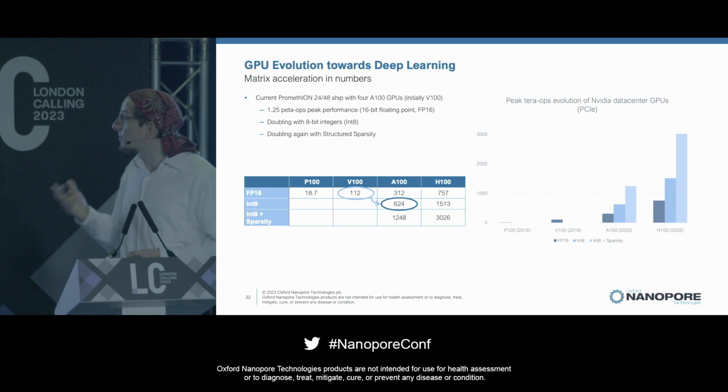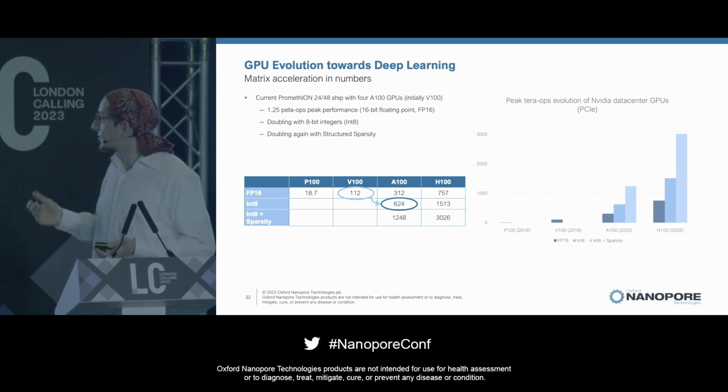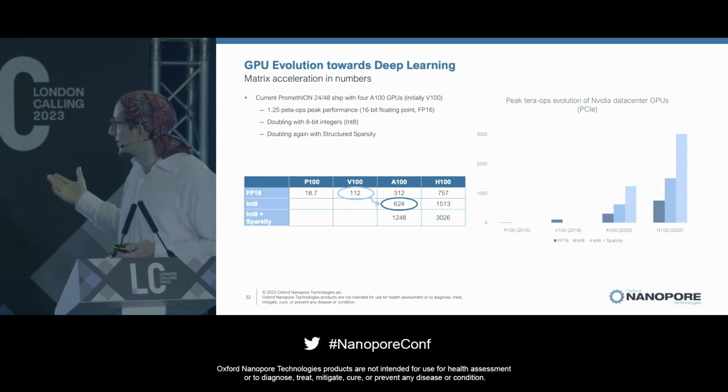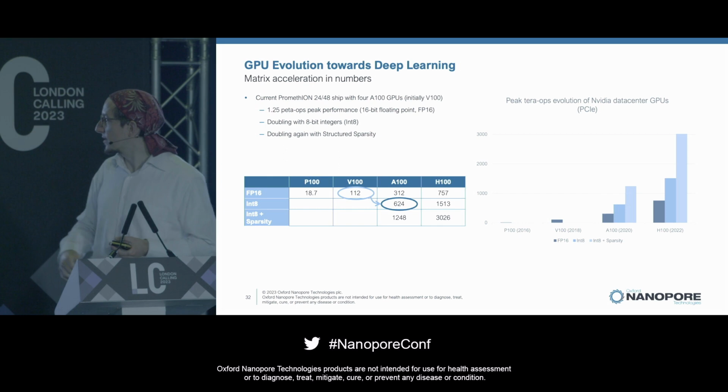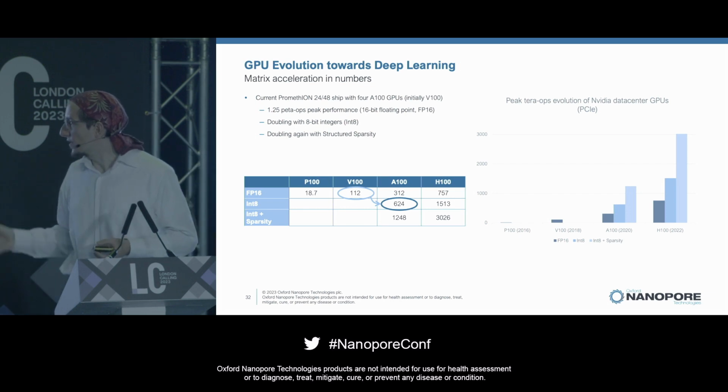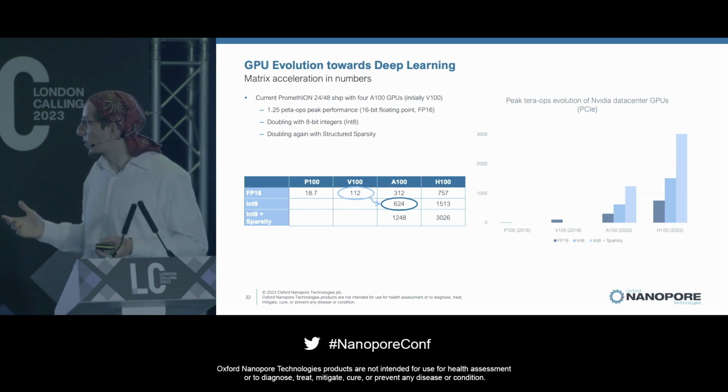To show that in numbers, for example, this is the progression of NVIDIA data center GPUs. 7 years ago, we had P100 here. That's the Pascal architecture. It provided roughly 19 tera operations per second.